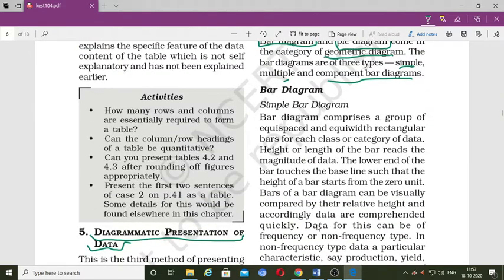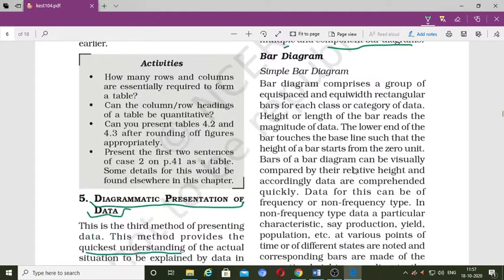You may have understood in your class 10 that a bar diagram comprises rectangular bars that are equispaced from each other. For each class or category of data, the height of these bars shows the magnitude of the data.